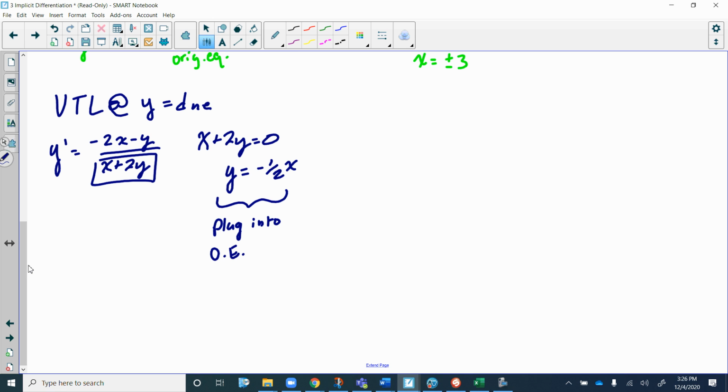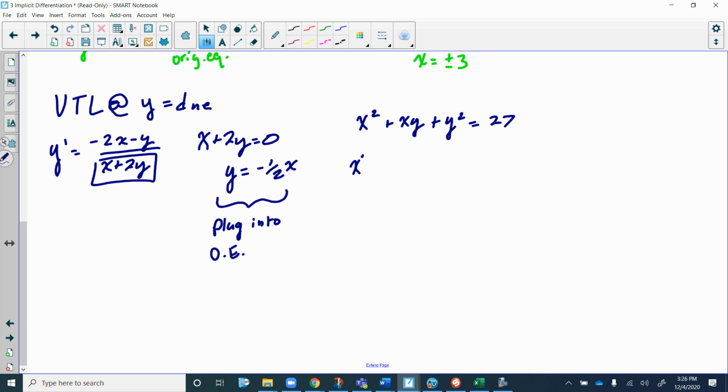Let me write the proper original equation here, which would be x squared plus xy plus y squared equals 27. So let's see what we get now when I plug that into the original equation for y.